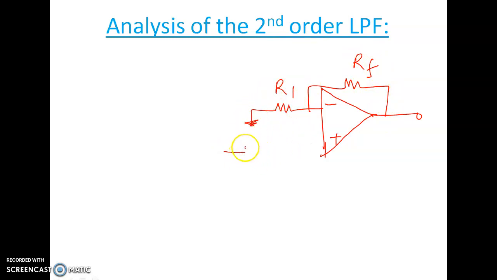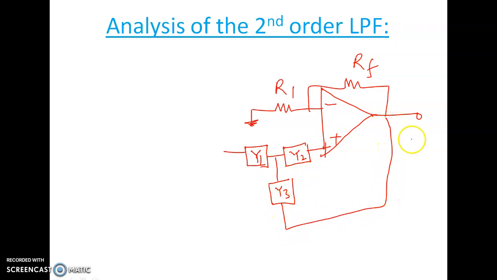And here, instead of resistances and capacitors, I am going to consider admittances, because our analysis will be simpler that way, which we can see after completing the derivation. So this is Y1 and Y2, and the other admittance is Y3, which is given to the output voltage, and one more admittance, Y4, which is connected to ground. Here I am applying the input voltage.